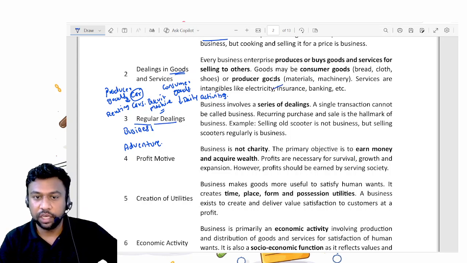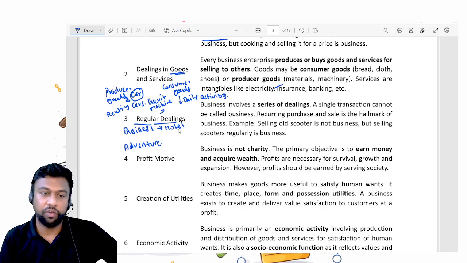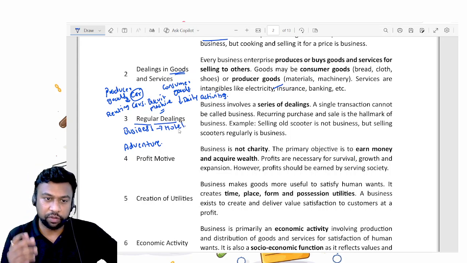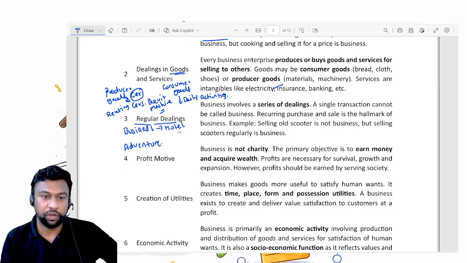A single transaction cannot be called a business. For example, you are having a hotel. Every day you will open your hotel, you will cook food, you will serve food, you will get money for that food. So that is called a business.